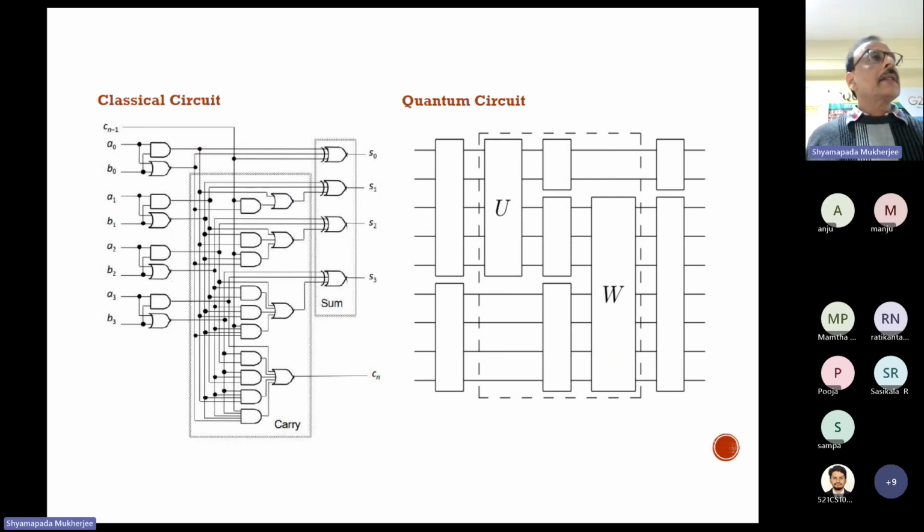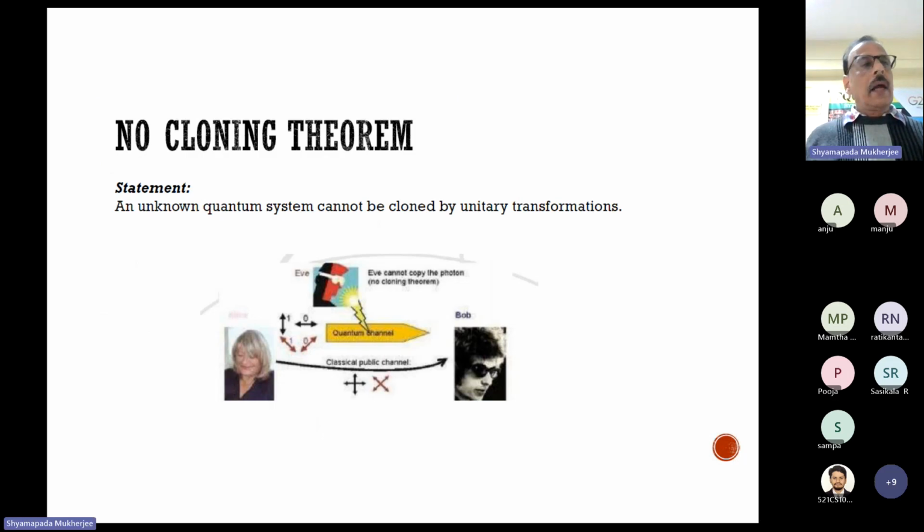Now you see a classical circuit looks like this one, and a quantum circuit looks like this one, where U are the quantum gates, represented by a figure something like this. Then I have a very important theorem, the no cloning theorem: an unknown quantum state cannot be cloned by a unitary transformation. This plays a very important role in quantum communication.